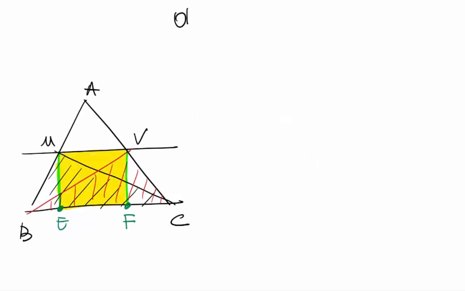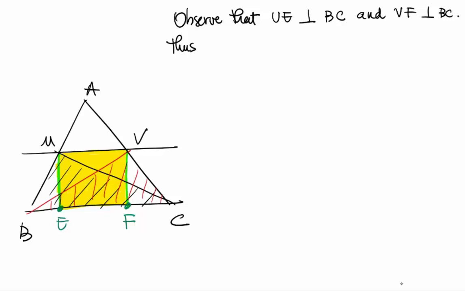Observe that UE is perpendicular to BC and VF is perpendicular to BC as well. Thus, UE is parallel to VF.